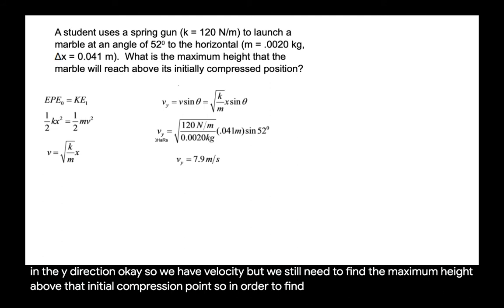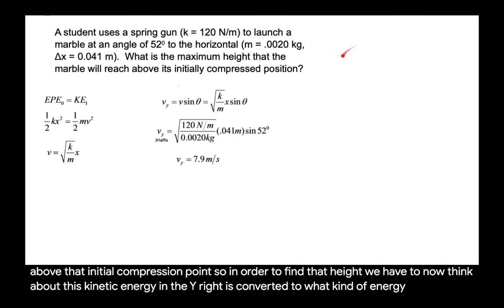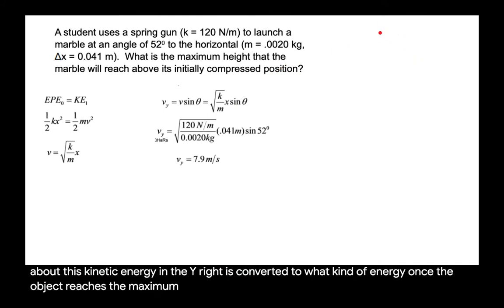In order to find that height, we have to now think about this kinetic energy in the y being converted to what kind of energy once the object reaches the maximum height in its parabolic path.